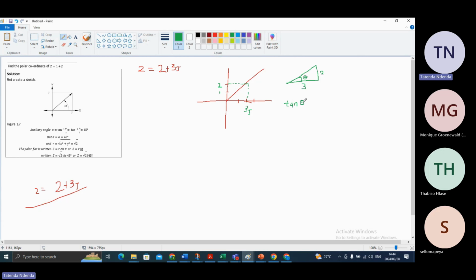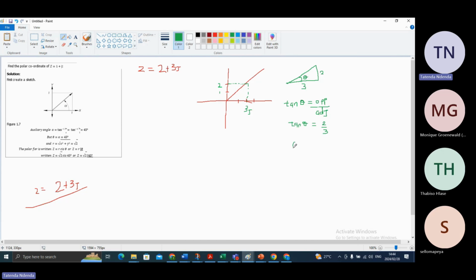So here tan theta is equal to opposite over adjacent. Meaning our tan theta is equivalent to the opposite, which is 2, over 3. So now you punch your calculator to get the value of 2 divided by 3, which gives 0 something.